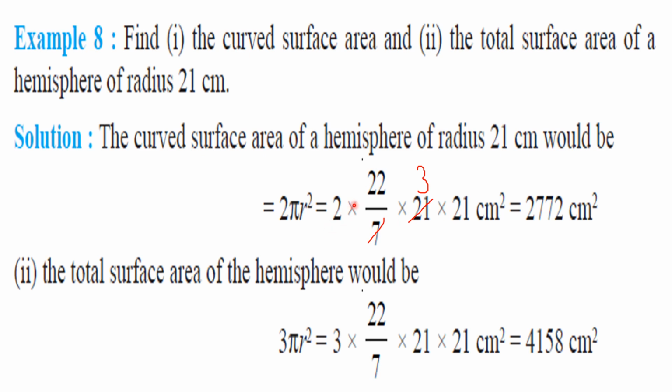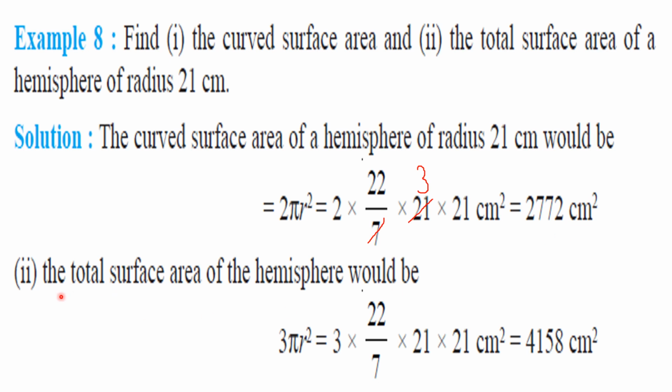So multiply all these 4 numbers. Please do the multiplication, my children. Please do the calculation part by yourself. Then what will you get? Finally 2772 centimeter square. Understood this solution part?